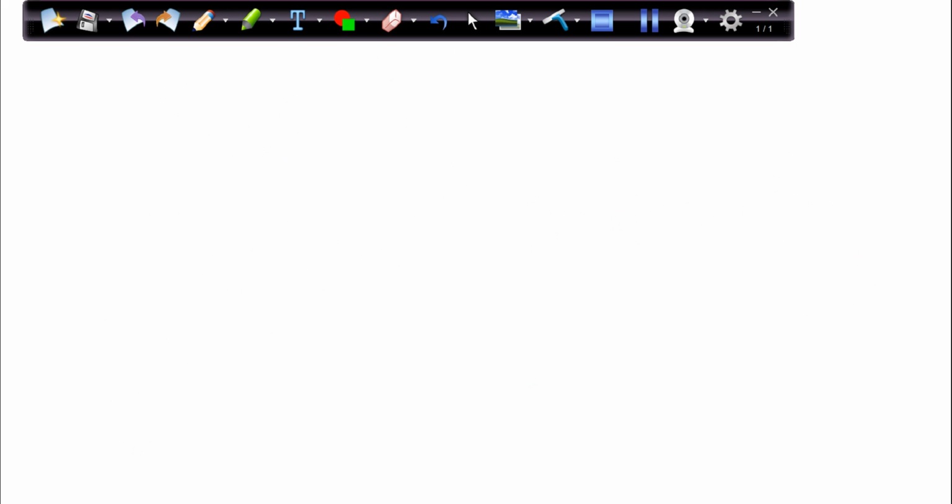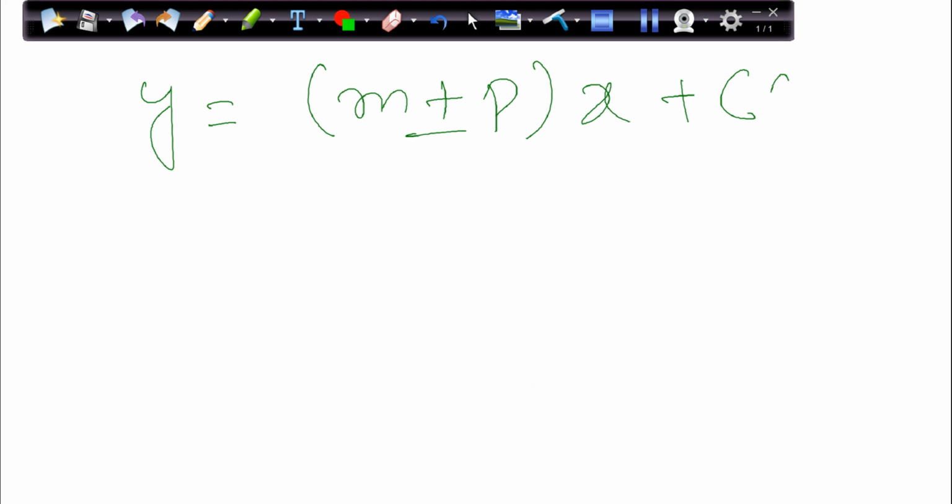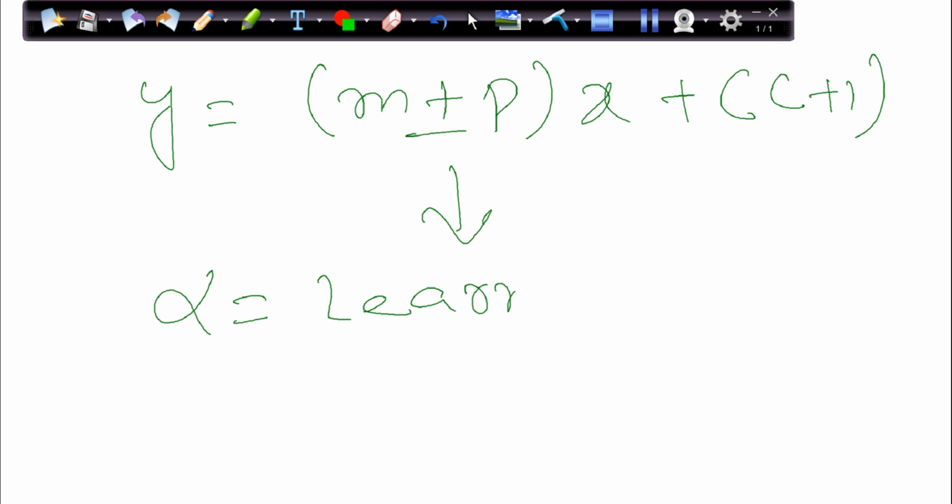As I said, if y was m plus minus p x plus c plus 1, we will rewrite the whole thing like this. In order to take a tiny step, we will introduce alpha, and alpha is called the learning rate. That is very important for our algorithm to know whether or not we are going in the right direction.